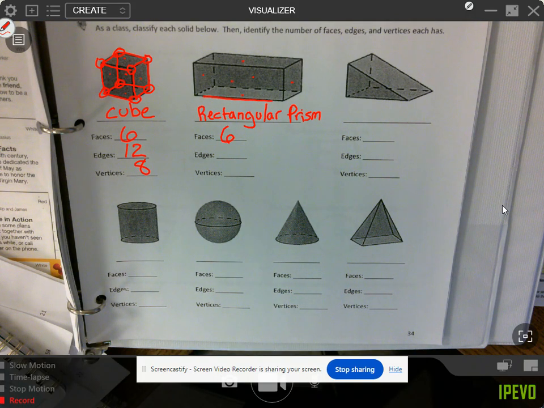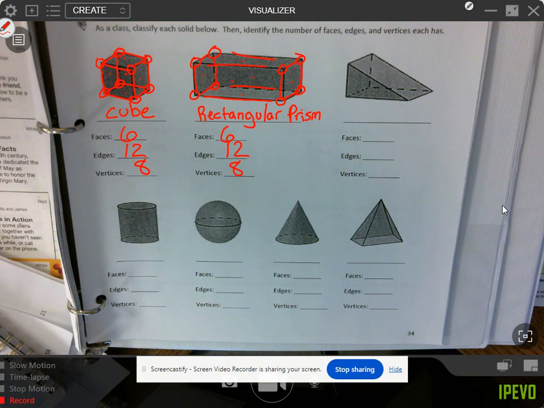So there's the 1, 2, 3, 4, 5, 6, 7, 8, 9, 10, 11, 12. And how many vertices? Lauren? 8. 1, 2, 3, 4, 5, 6, 7, 8.